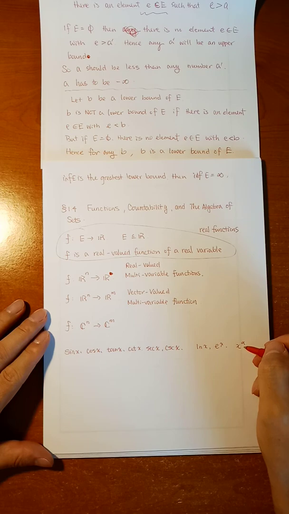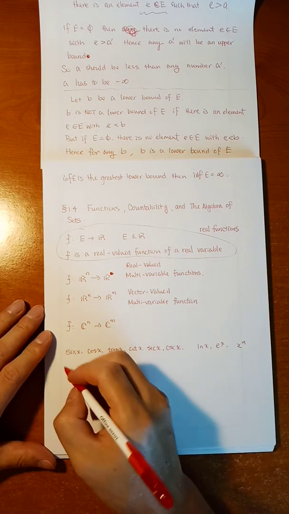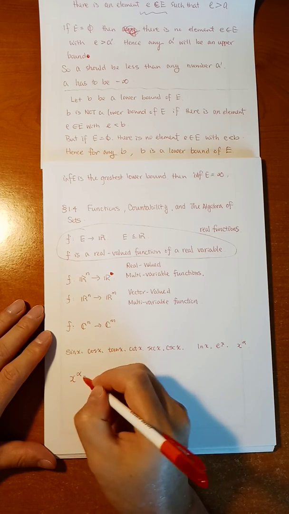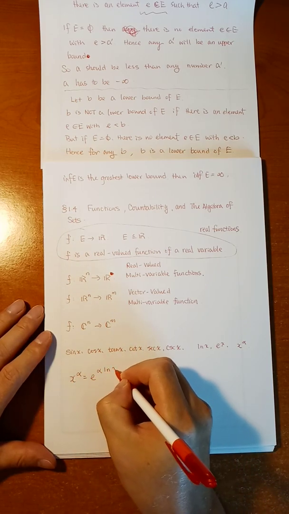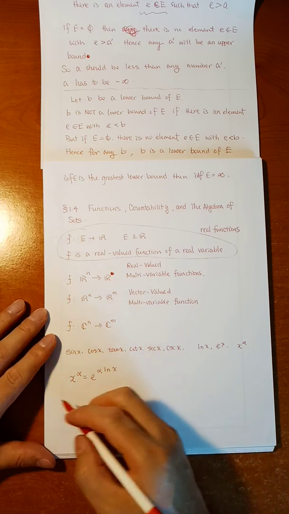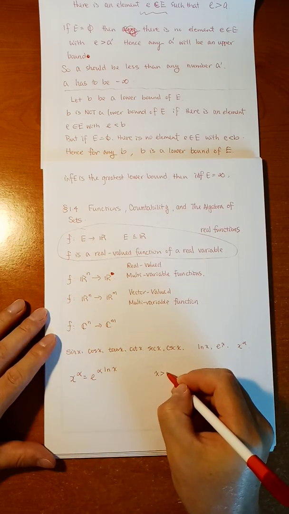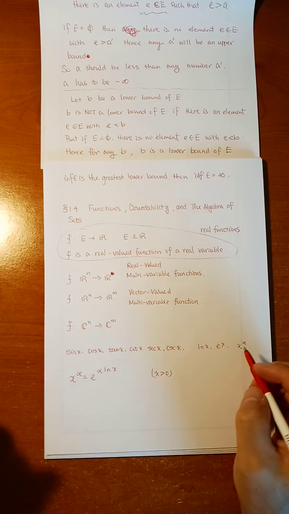Alpha is not necessarily an integer. A power function can also be defined by the combination of the exponential function together with the natural logarithmic function.